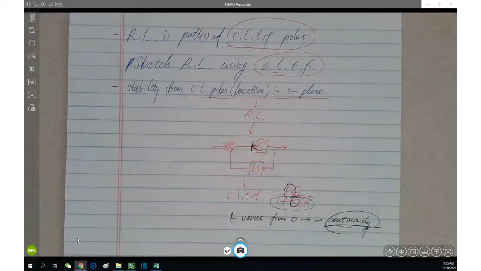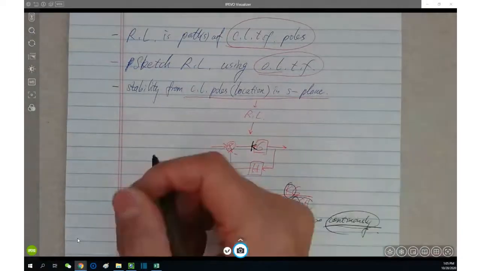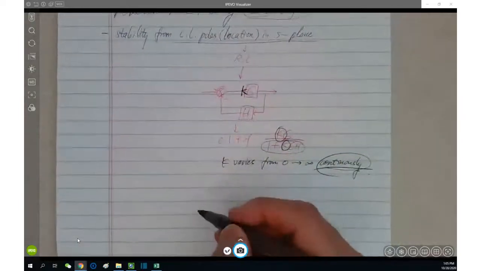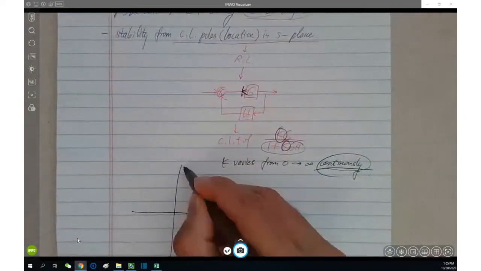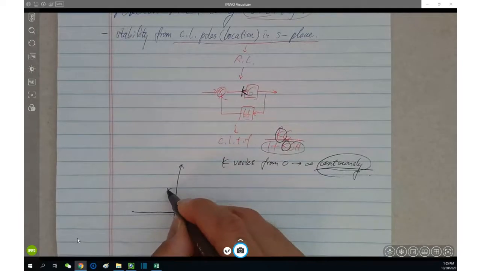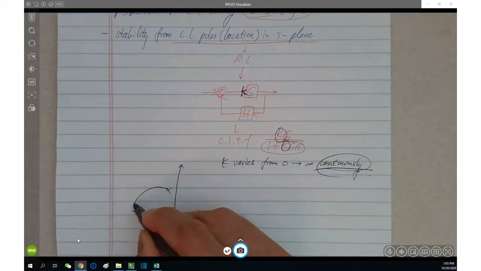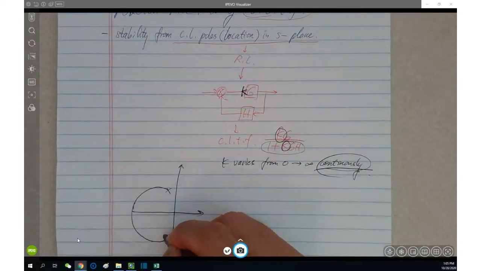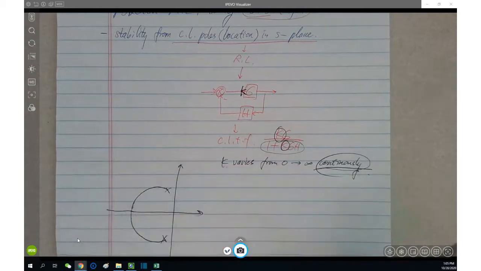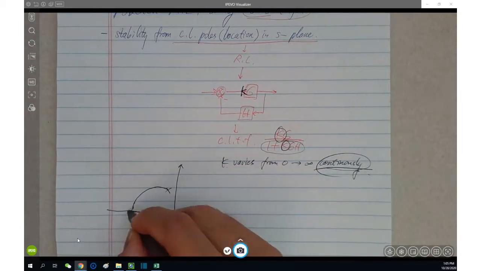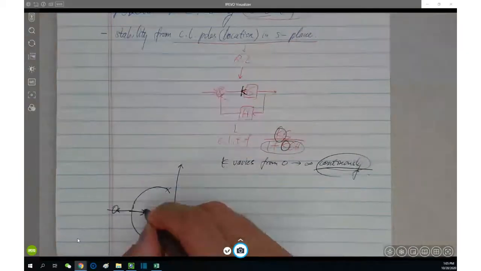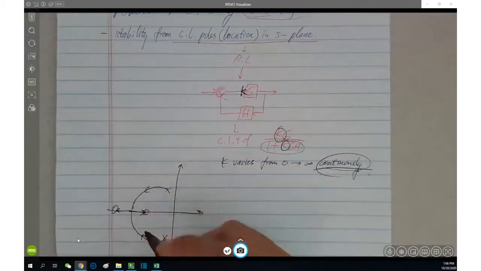And from root locus in the S-plane, we are able to judge the stability at different K values, right? Because one particular K value, say root locus, say if like this, this is root locus.